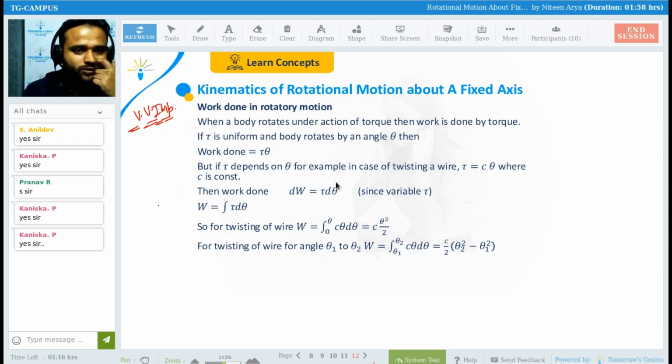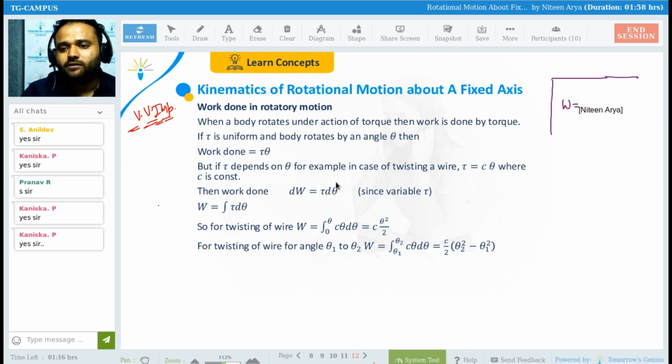As we know, every basic concept is going to be used again and again. You don't need to learn anything new. We know work done. What is work done? Force into displacement, right? F dot d, and that is a scalar quantity.